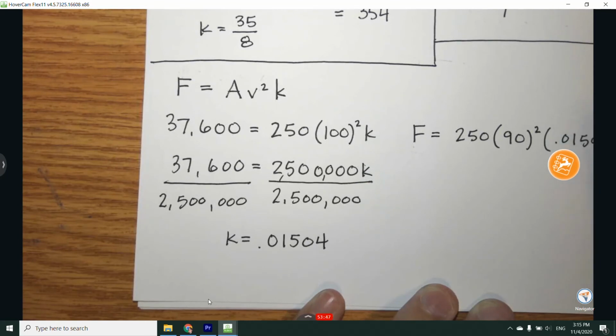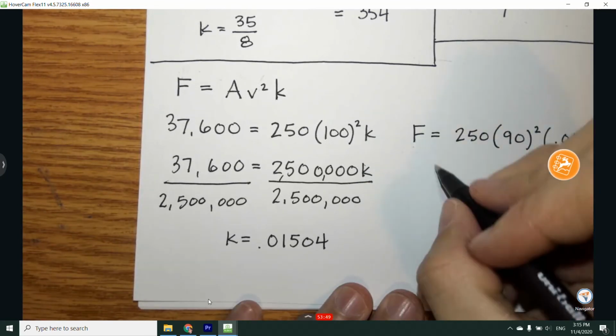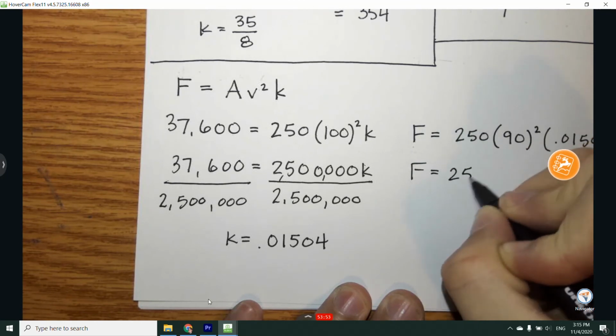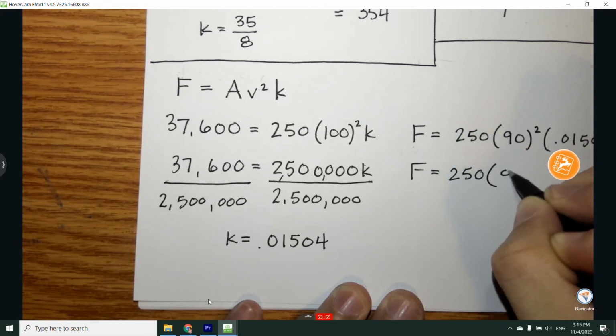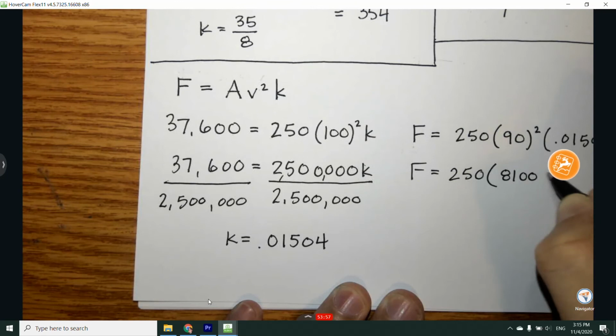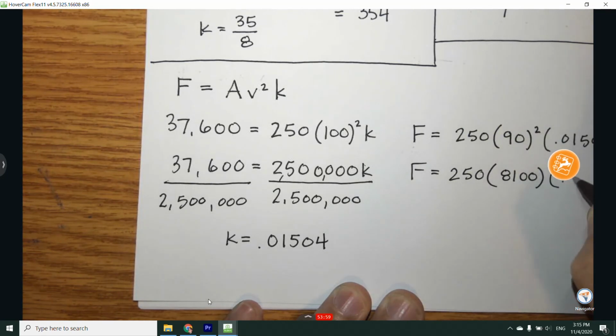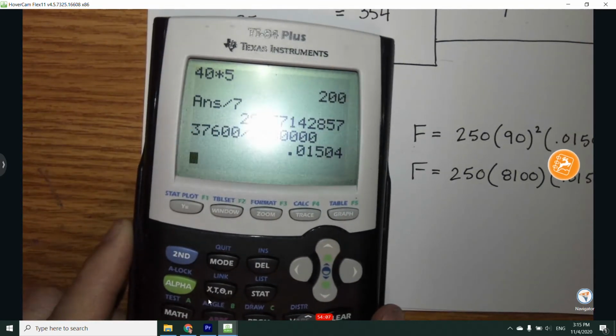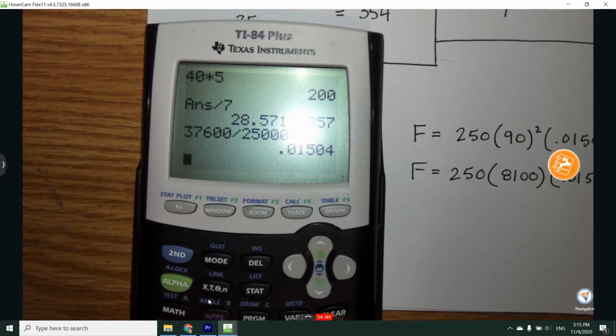So the first thing I want to do is square my 90, which is going to be 8,100. Then we'll multiply all these things together. It really doesn't matter what order I multiply these things in. I'm just going to take it from this 0.01504, then go to the 8,100, and then multiply times 250.